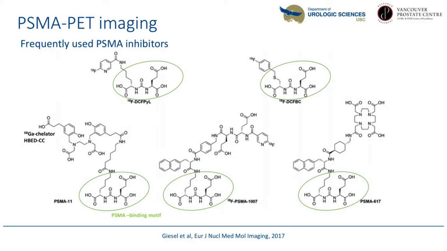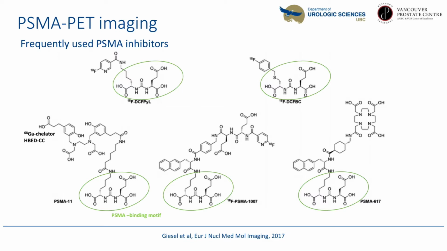On the far left-hand side, you basically have the therapeutic sibling of this inhibitor, PSMA-617, usually chelator bound to lutetium. And the other three are basically the new kids on the block, the fluorine-18 tracers.